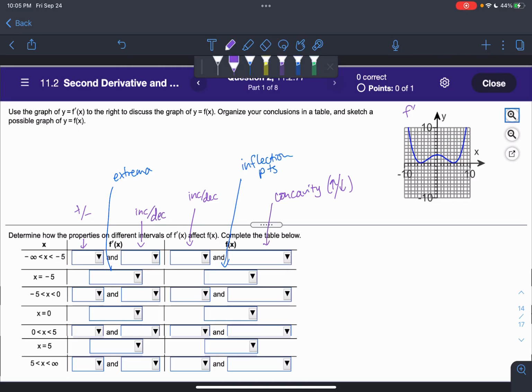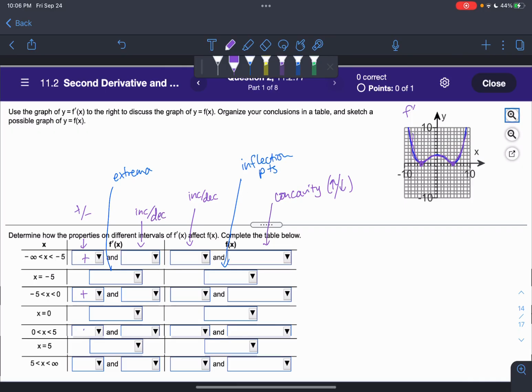All right, so in different intervals. For this column, let me highlight it here. We'll do these first because this one's relatively easy. We want to know the sign of the f prime. If we look at our graph, it actually lives entirely above the x-axis, right? And then it kind of touches it at these 2 points, but that leads us to believe that all of these are going to be plus.